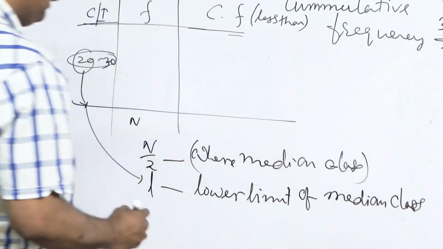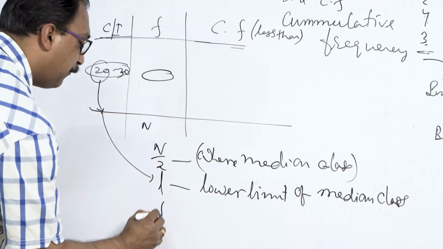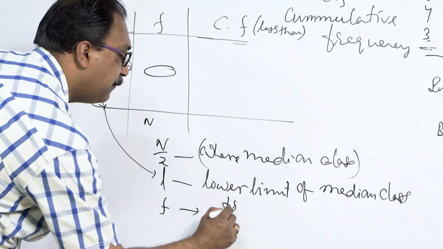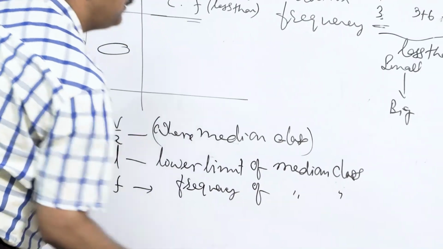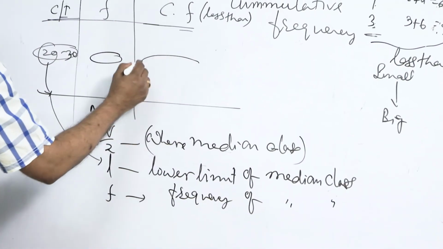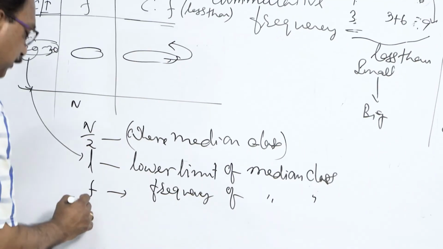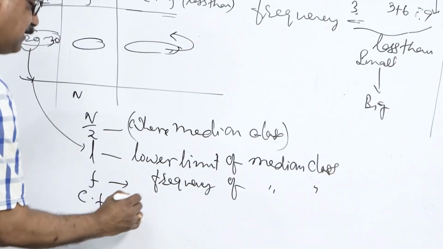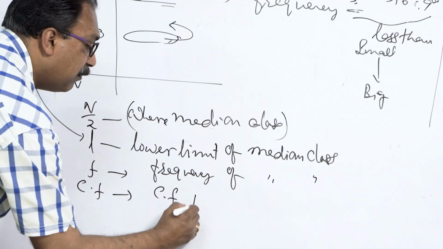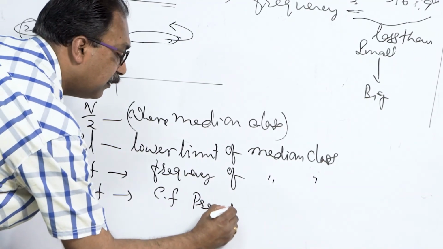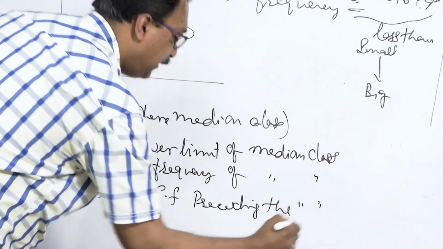Clear? Then what you have to do? You have to take the frequency of the median class, then there is a cumulative frequency. You have to take the one before. Try to understand. So you have to take CF, that is the cumulative frequency preceding the median class.